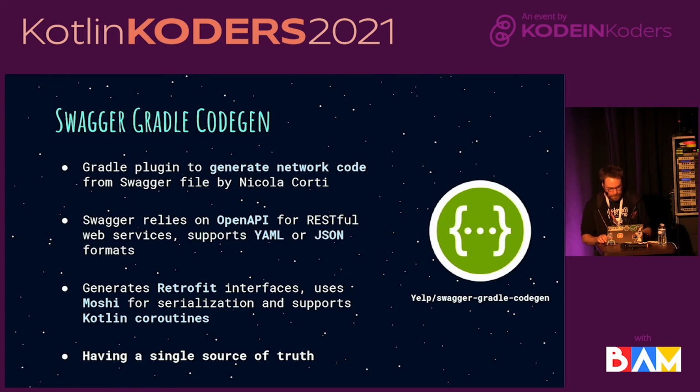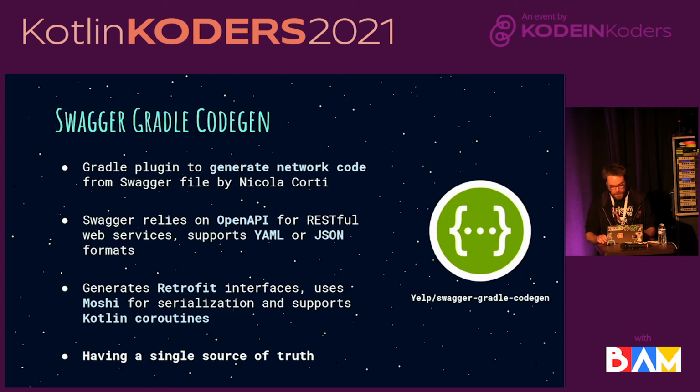It's made by Nicolas Corti when he was working at Yelp. It's still supported, but no more maintained. So it's working, but we can improve it. Feel free to open some PRs for improvements.